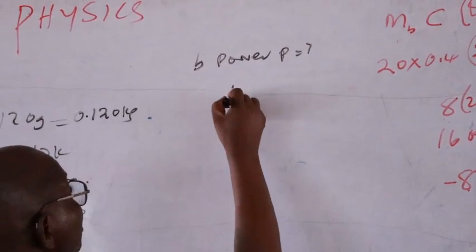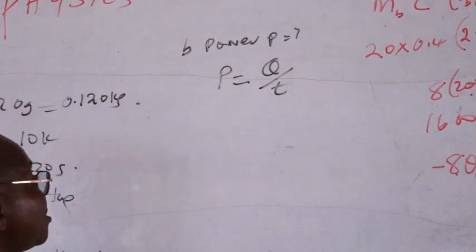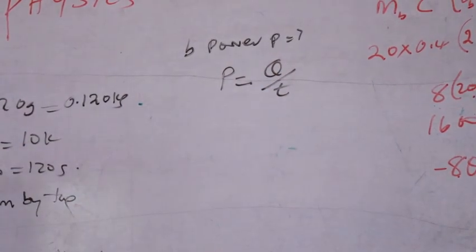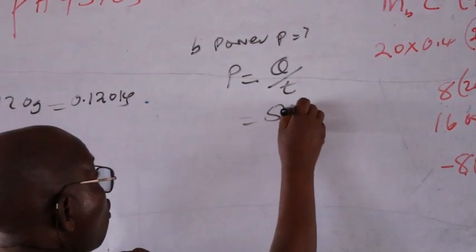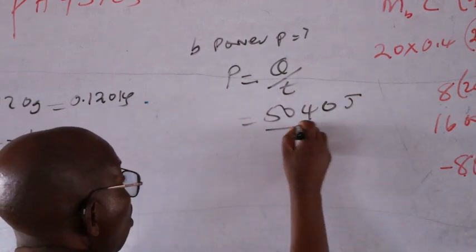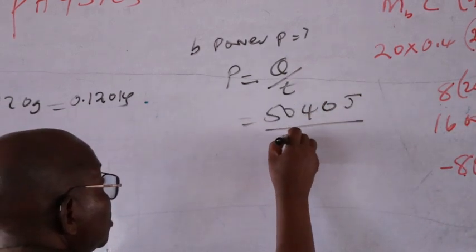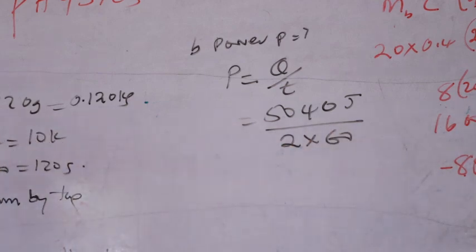But you can see P equals Q all over T. And you got your Q here to be this. So it means 5040 joules all over the time, 2 minutes, 2 times 60. That's it.